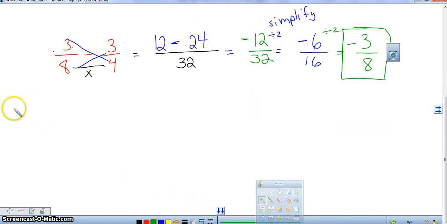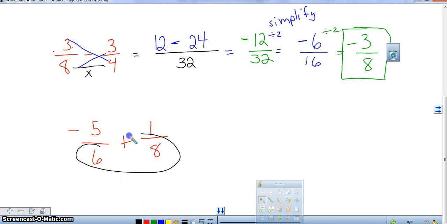All right, what about this one? What if I put negative 5 over 6, and just always put the negative in the top, plus 1 over 8. Let's try this one. If I do this, I have different denominators, so I still have to multiply. I'm going to have to multiply 6 and 8, so that's 48.